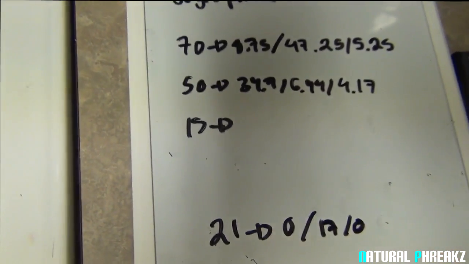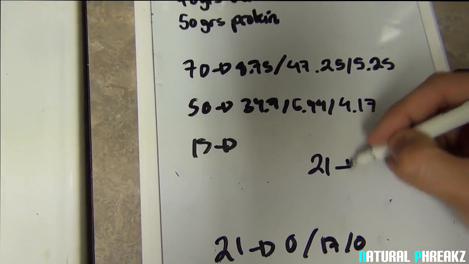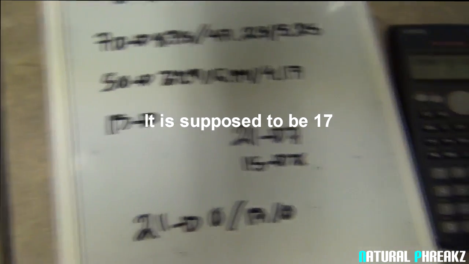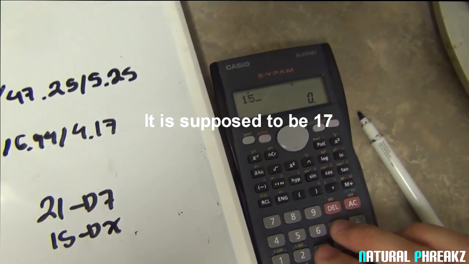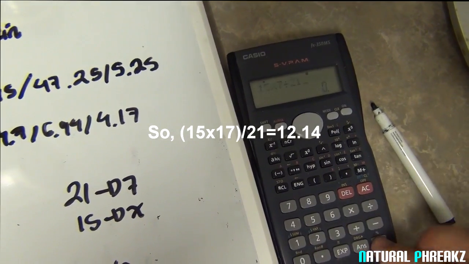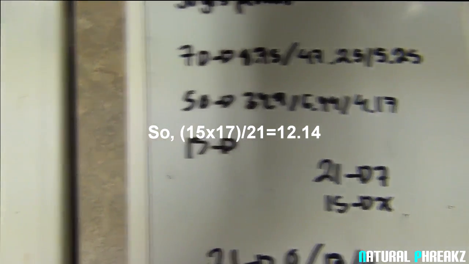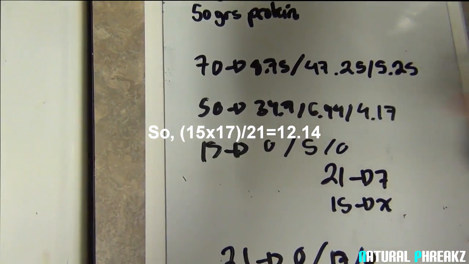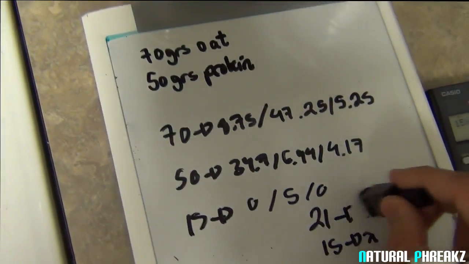And then I only took 15, so I do, if 21 has 17, 15 grams, how many carbs are in there? So 15 times 17 divided by 21, 12. So 0, 12, 0, and then add all this up.